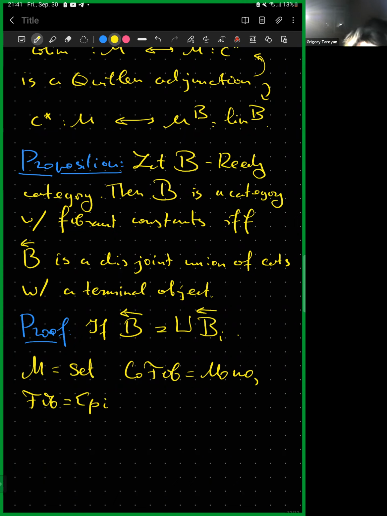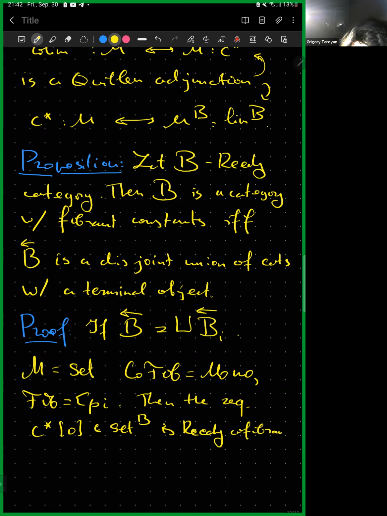And then the requirement that the diagram, the constant diagram of a one element set, is fibrant implies that this category splits into the desired subcategories.